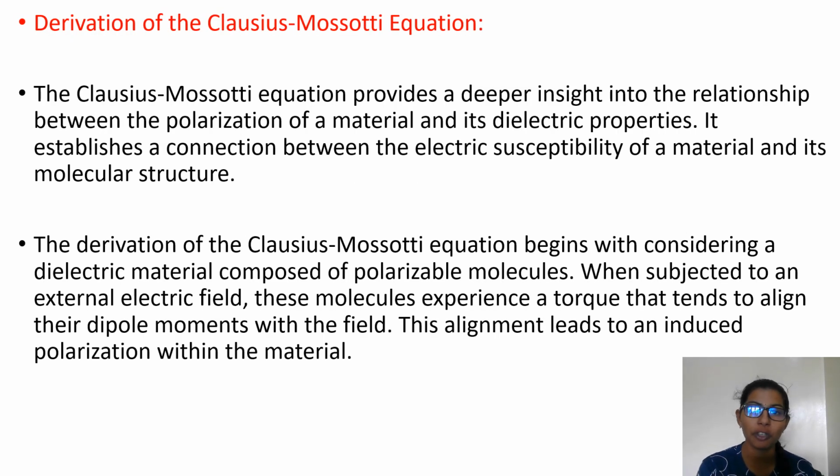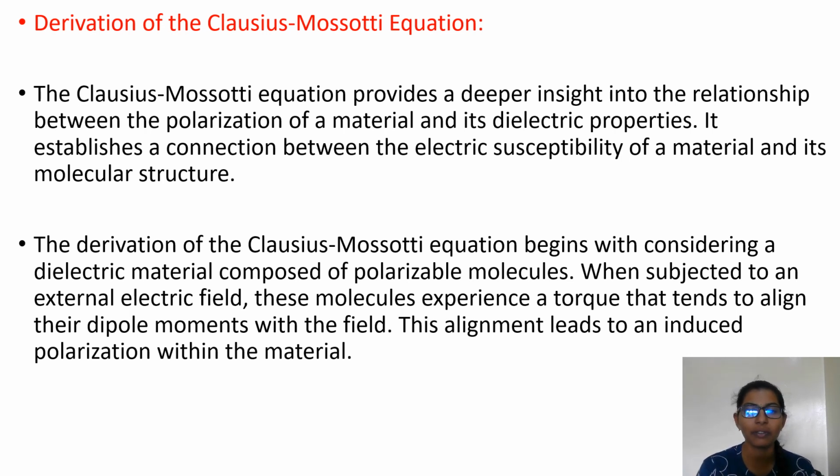Derivation of the Clausius-Mossotti equation. The Clausius-Mossotti equation provides a deeper insight into the relationship between the polarization of a material and its dielectric properties. It establishes a connection between the electric susceptibility of a material and its molecular structure.